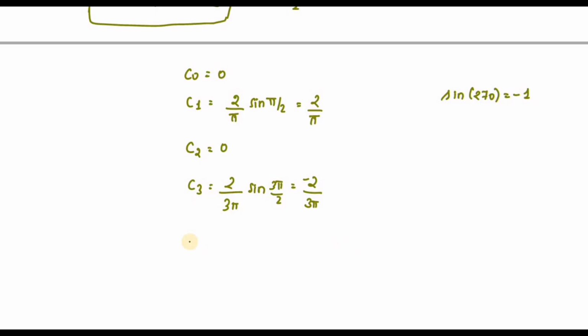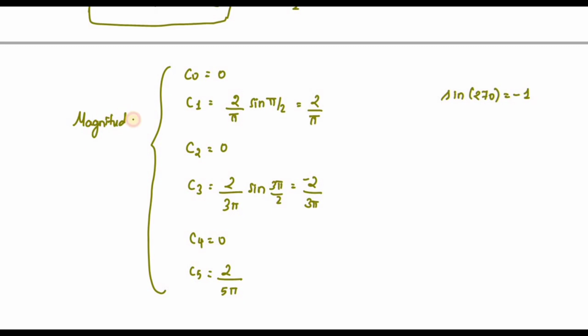So similarly, C4 is 0. C5 is 2 divided by 5 pi, right? With this I can find out the magnitude values, right?